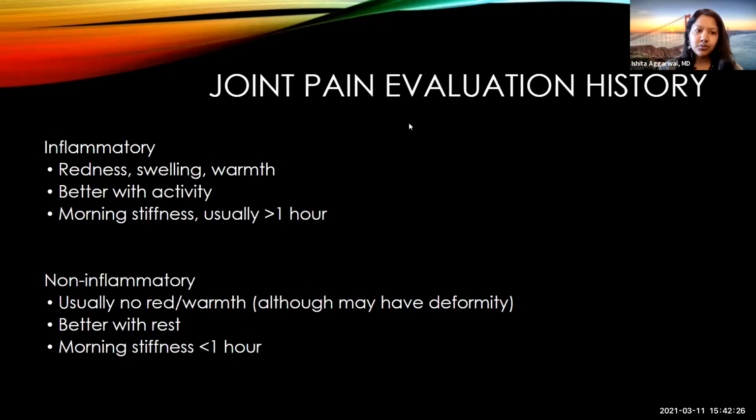It typically improves with activity, and there may be associated morning stiffness, usually lasting for more than an hour, where the person has difficulty moving their hands or other joints, difficulty making a fist, for example. With non-inflammatory joint pain, usually there is no redness or warmth, although they may still have some deformities and swelling. It typically is better with rest, and there's typically no prolonged morning stiffness.